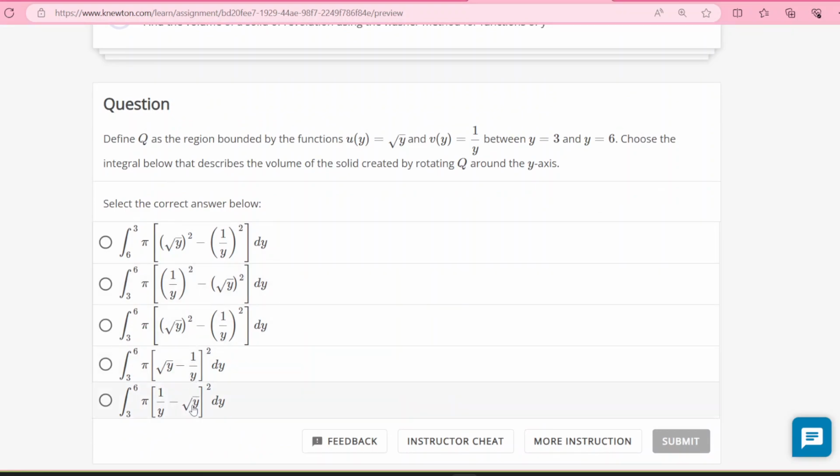So once again, we're just asked to set up the integral. I'll draw this region once again and rotate it around the y-axis. You'll see what kind of washer would be created, find the volume of one washer, and then integrate over y equals 3 to y equals 6.